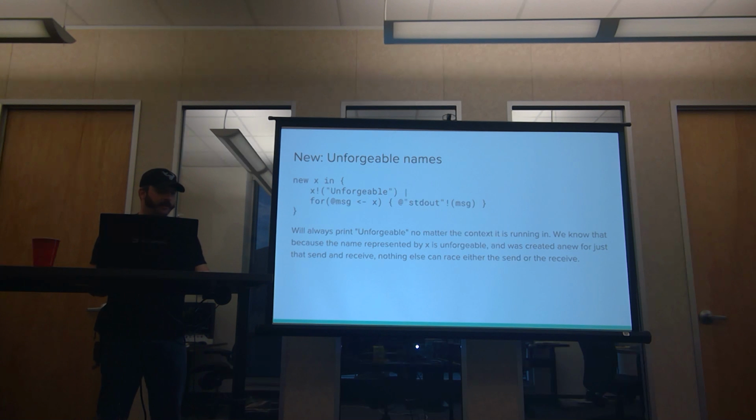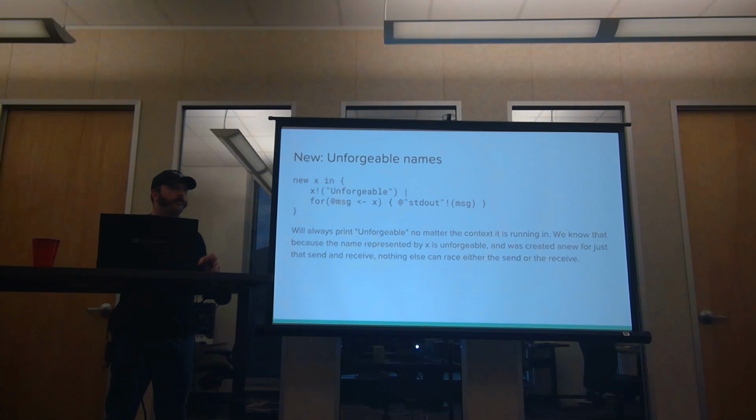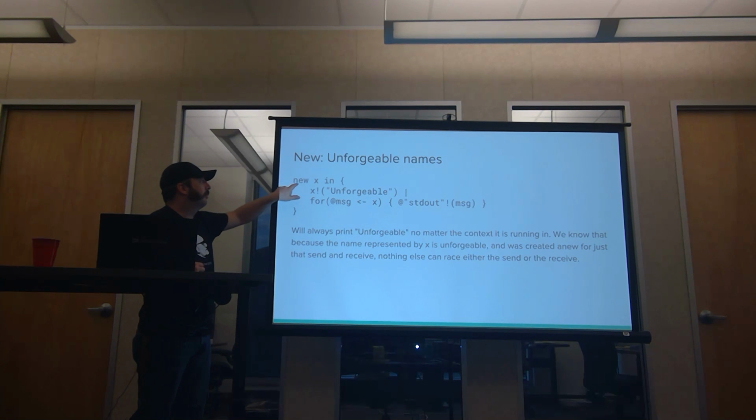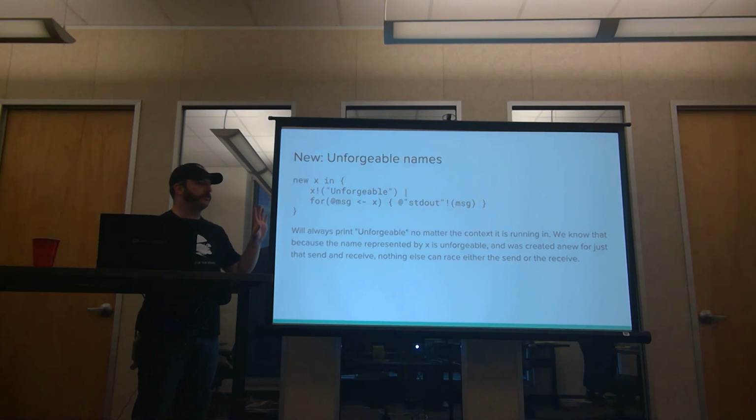What that means is that when this evaluates, it substitutes in a value for x, which you couldn't write in the syntax. If we were to run this snippet, new X and X bang unforgeable for message from X, standard out. Nothing really surprising here, right? We were using the quoted string A to do a lot of this same thing earlier.